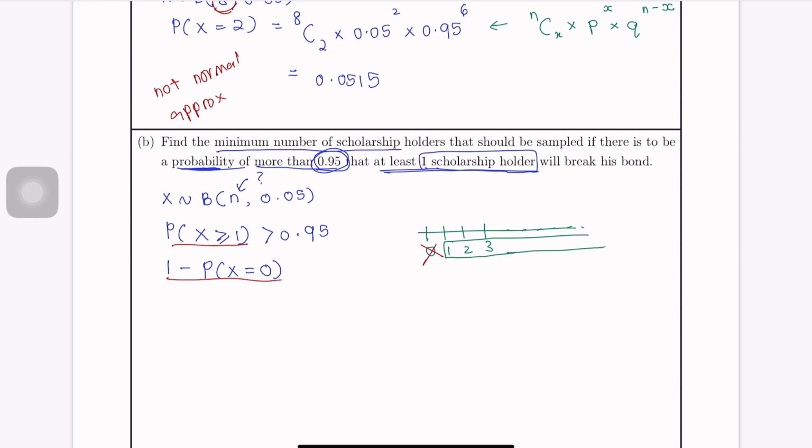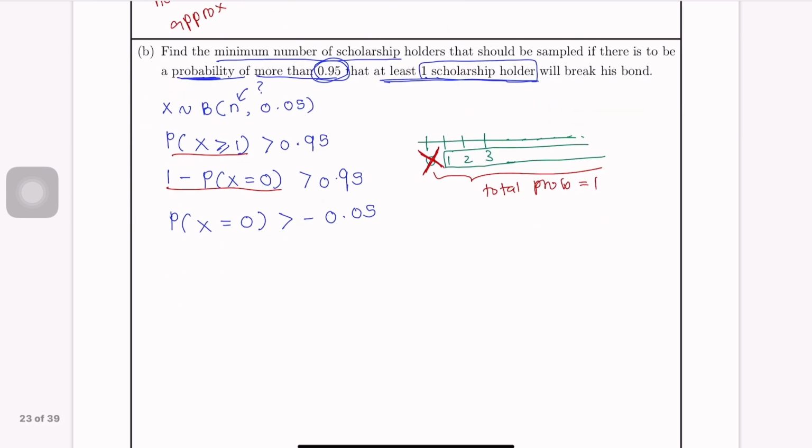So the total probability, 1, equals 1 minus what we don't want. So we don't want probability x equals 0. So that's why we have 1 minus probability x equals 0 greater than 0.95. Okay, so rearrange, we'll get probability x equals 0 less than 0.05.